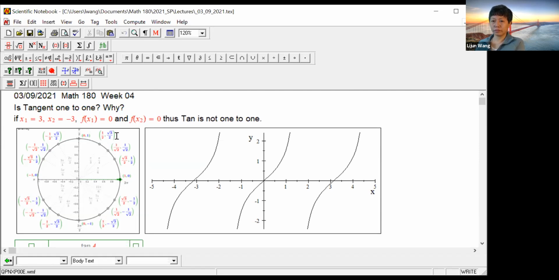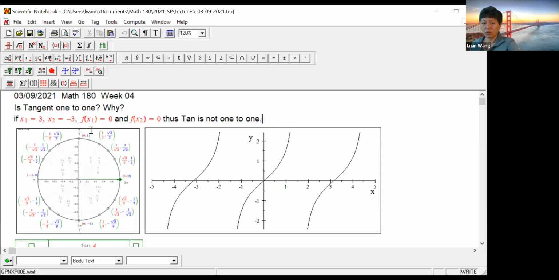It's good. However, we need to check on some facts. The logic is you have named some x1, x2. They're not the same, but the outputs are the same. So you got that logical part. That part is a good job.